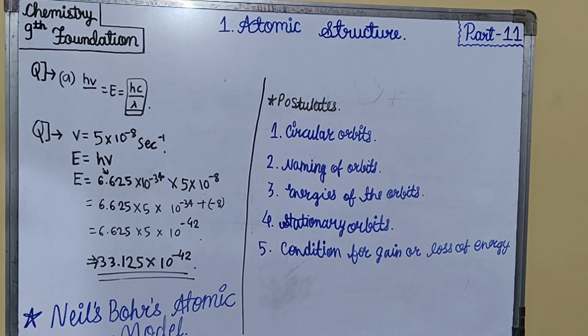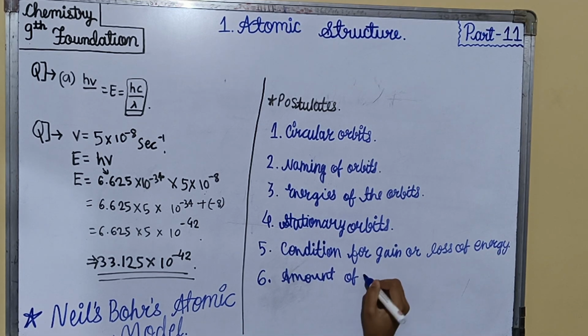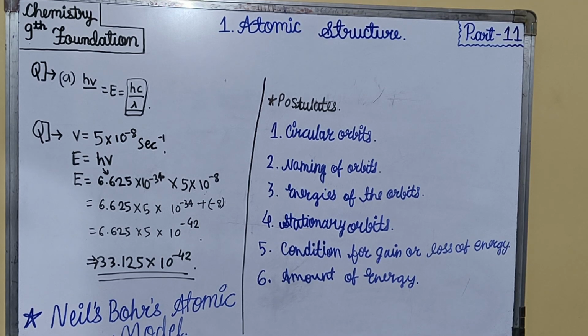And the sixth and last one is amount of energy. When an electron jumps from one orbit to another, the energy absorbed or emitted is equal to the change in energy, which is E2 minus E1, energy 2 minus energy 1, where E2 and E1 are the energies of outer and inner orbits.